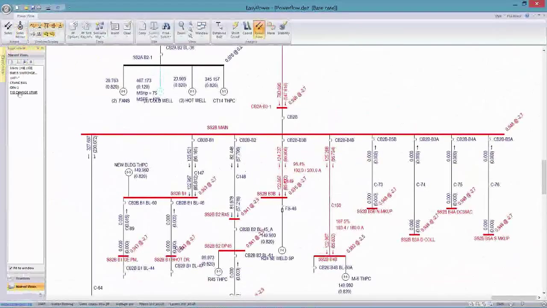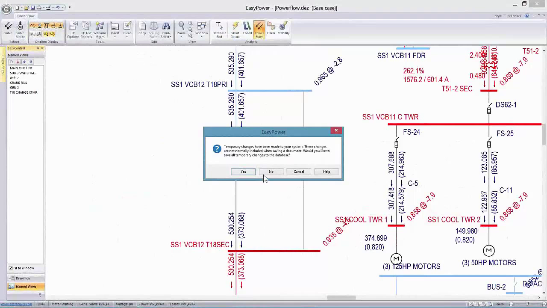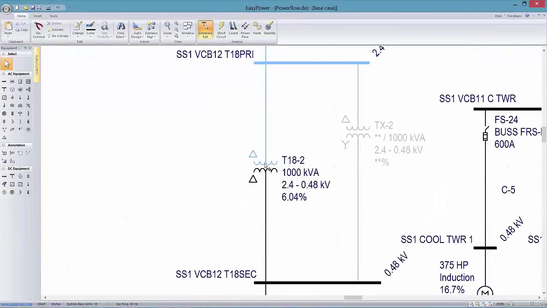Okay, another situation that comes up on a what-if basis, and let's kind of go back to our database editor. Okay, we have a transformer that's gone out or it has to be replaced, and for whatever reason we have the ability to change an available transformer, same size, but it's a delta-Y connection.